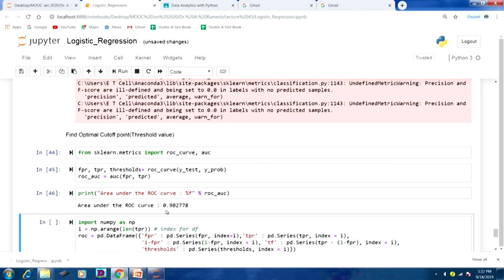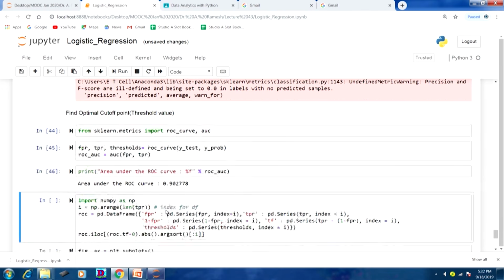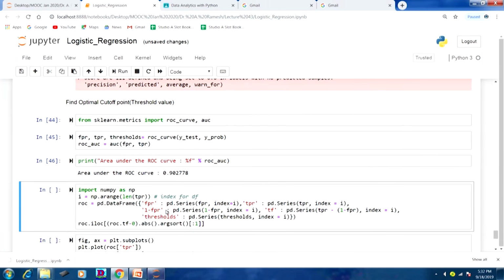So, it is the best one because it is nearer to 1, but we want to know the optimal threshold value. For that purpose you have to run this one, that is import numpy as np, i equal to np.arange for TPR. For each TPR value we get roc equal to pd.DataFrame, pd.Series false positive rate, then we are getting different index values.